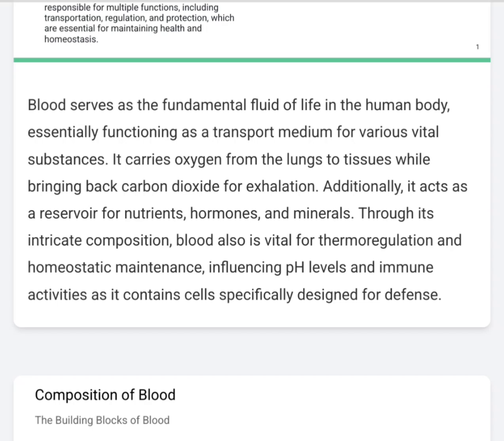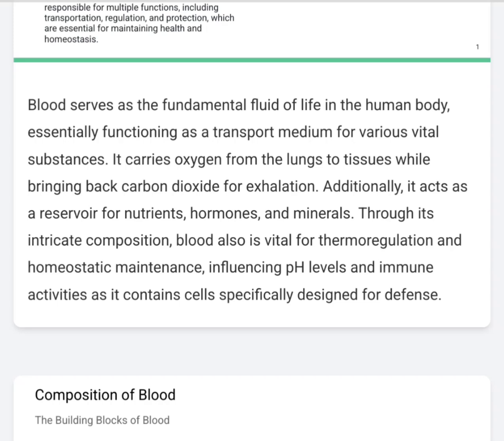It carries oxygen from the lungs to tissues while bringing back carbon dioxide for exhalation. Additionally, it is a reservoir for nutrients, hormones and minerals. Through its intricate composition, blood is also vital for thermoregulation and homeostatic maintenance, influencing pH levels and immune activities, as it contains cells specifically designed for defense.